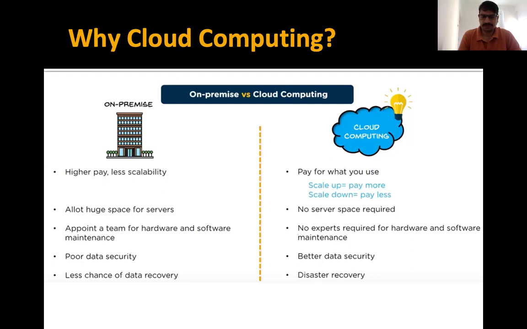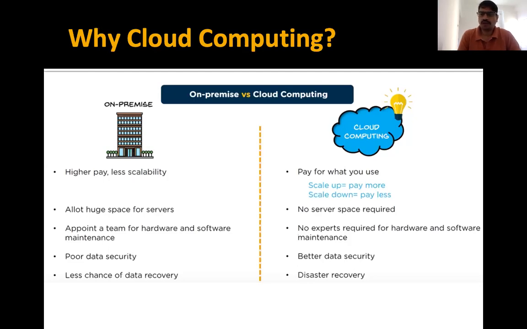Because of that, there may be loss of data because of failure of the hardware. So if the failure occurs in your hardware, there is very little chance to recover your data, or it will take a lot of time to recover your data.